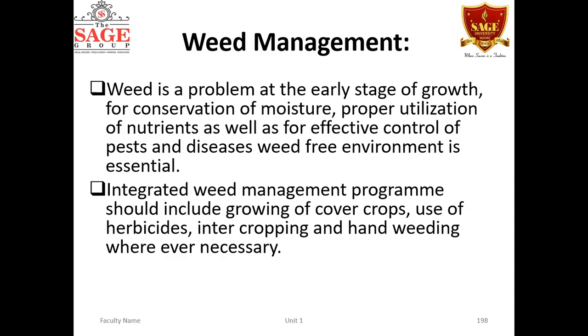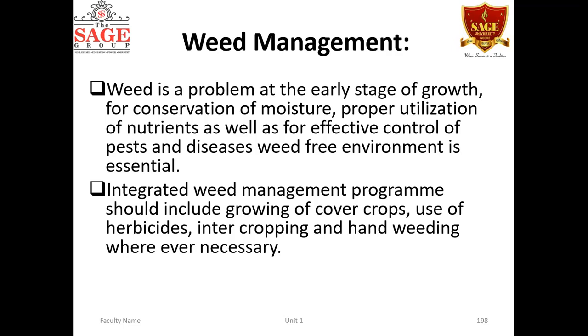Integrated weed management approaches can also be taken up by using different types of cover crops or leguminous crops. If you are going for cover crops or leguminous crops, your weeds also will be under control, as well as you can improve soil fertility. You can provide a proper amount of nitrogen to the soil. So both ways, it will benefit your crop.